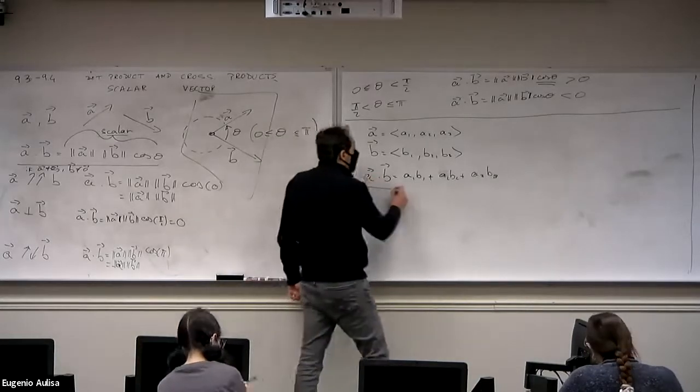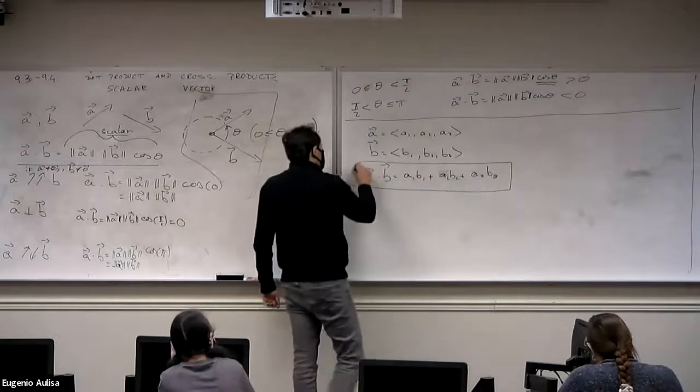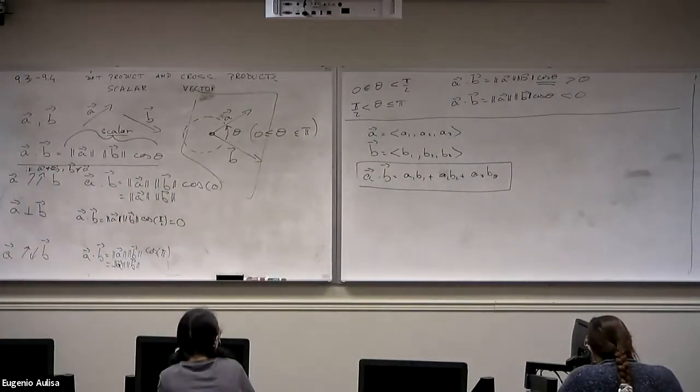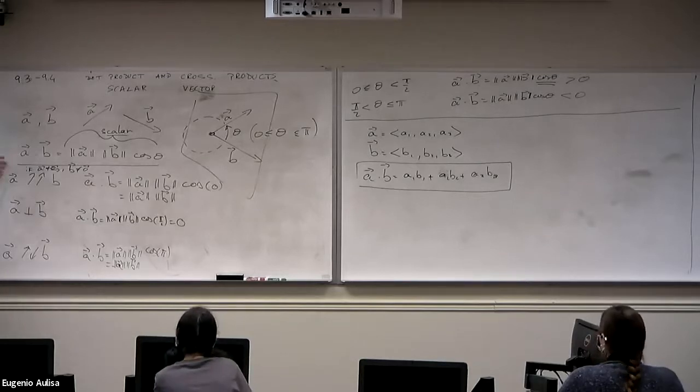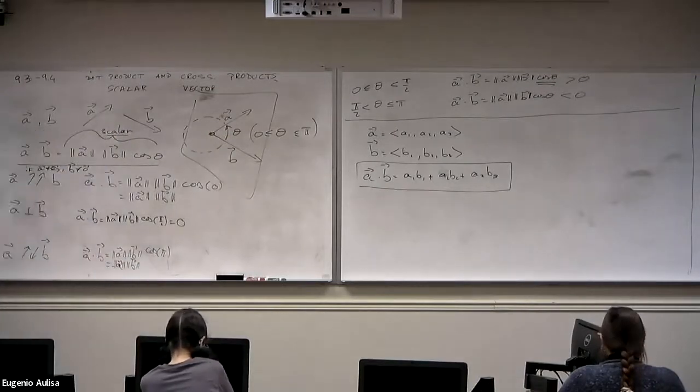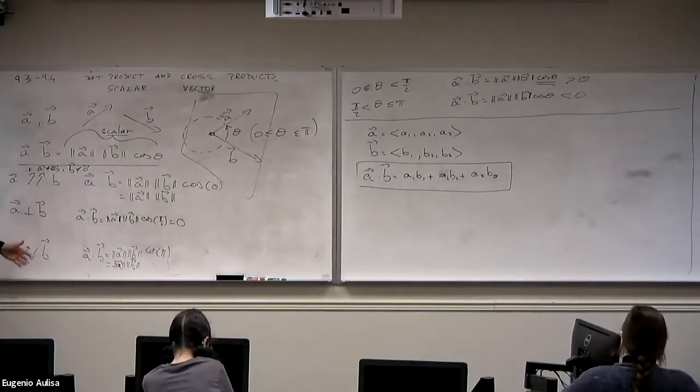However, we like this definition very much because it's very easy to compute. This is not that easy. We will need to measure the length of A, measure the length of B, measure the angle, find the cosine of that angle. That's very hard work from a geometric point of view.